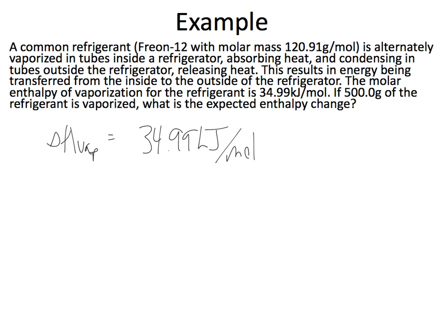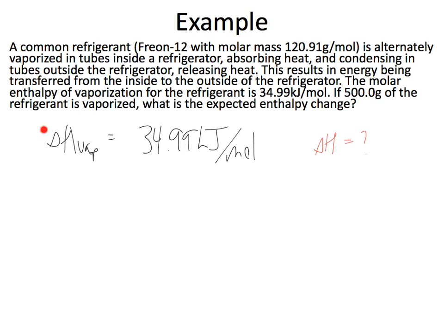Again, this is a molar enthalpy because it's kilojoules per mole. Now, the question is, what is the expected enthalpy change? So what the question is asking us for is delta H, not delta Hx or delta Hf or c. It's looking for delta H, because it's saying the enthalpy change, not enthalpy per mole.